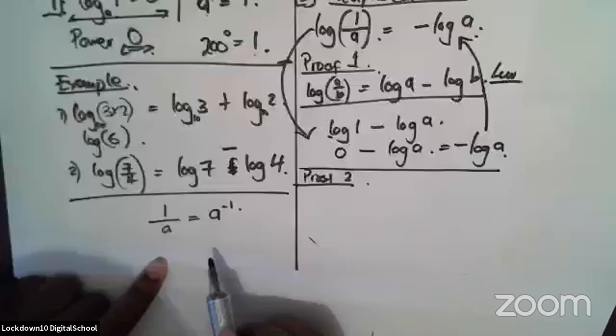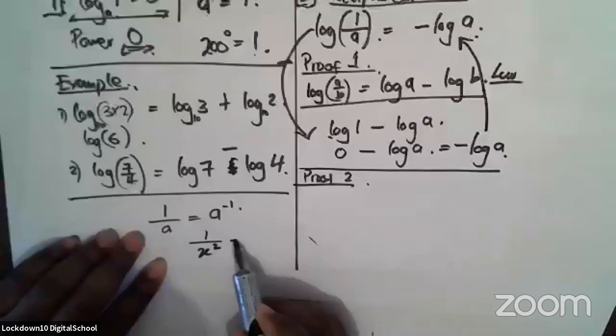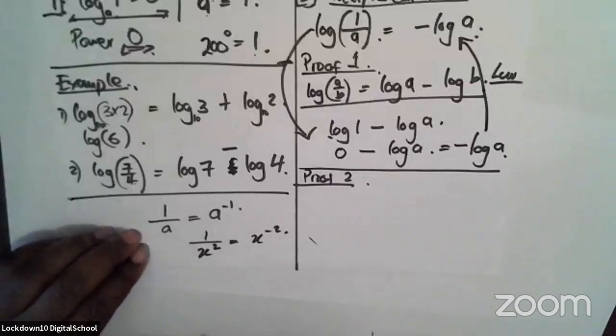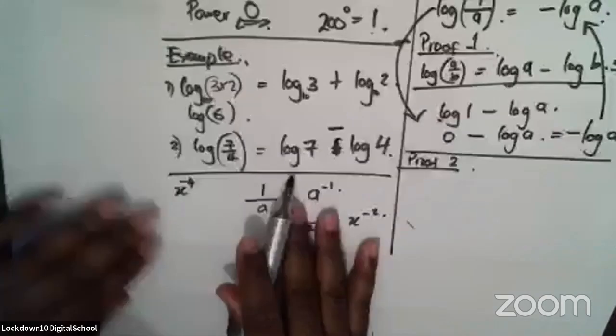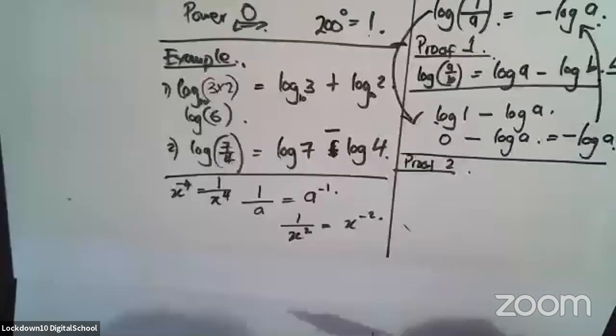If I have 1 over x squared, I can write it as x to the power negative 2. Or if I have x to the power negative 4, I can write it as 1 over x to the power 4. So the reciprocal of any number changes the sign.